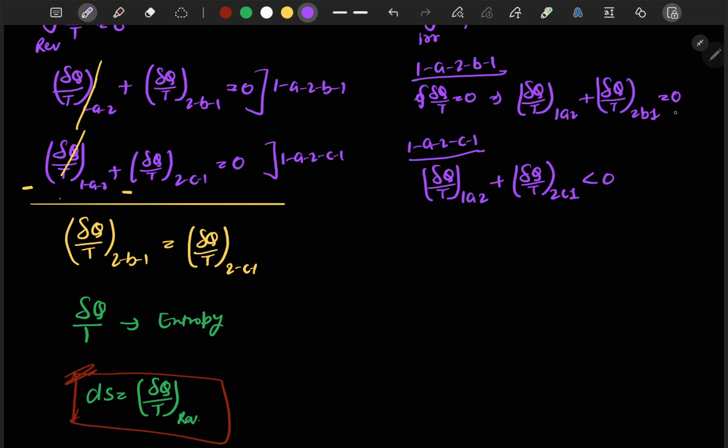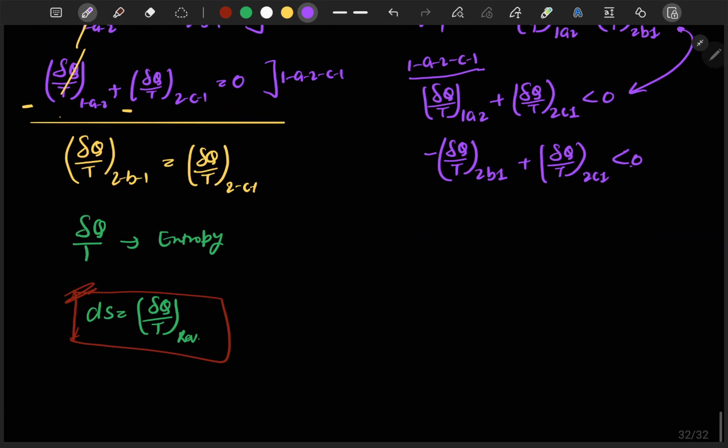And if we use this equation here, we can get minus del q by T from 2B1 plus del q by T from 2C1 less than 0.